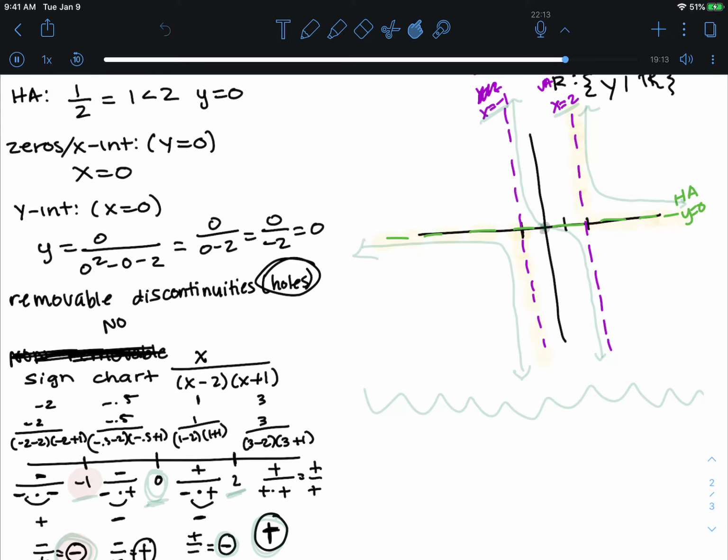Okay? And now my zero, which is going to be at (0, 0), so I'm going to have that point right there. My y-intercept, which is also at (0, 0). Okay? And so now we start this. So here I am at -1, right? And this line right here is my -1. Okay?